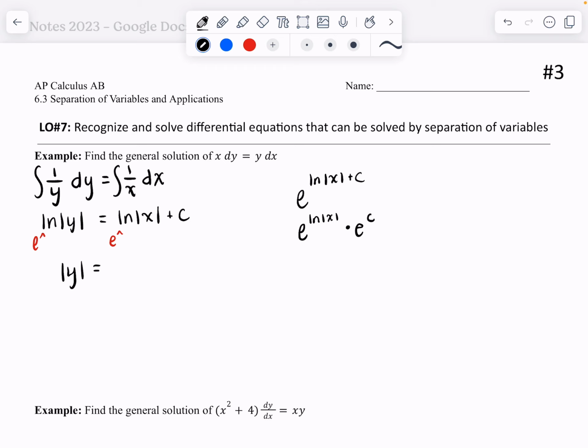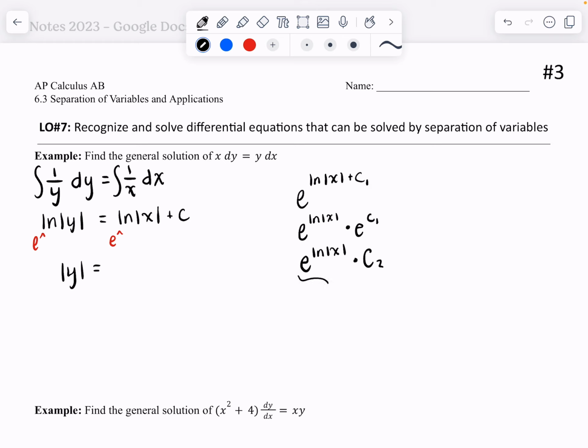And so if you want to differentiate, you can call this C1, and then you can say, okay, e to the power of C1 is some other constant, we can call it C2. And then the e to the natural log of the absolute value of x can now undo each other.